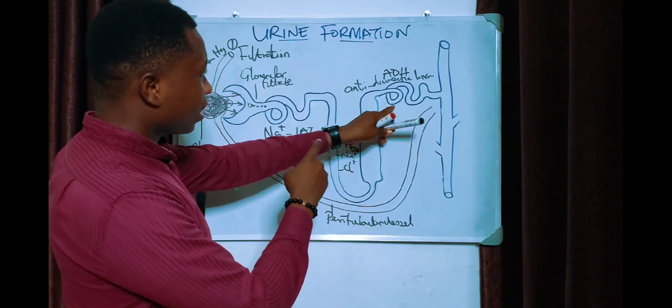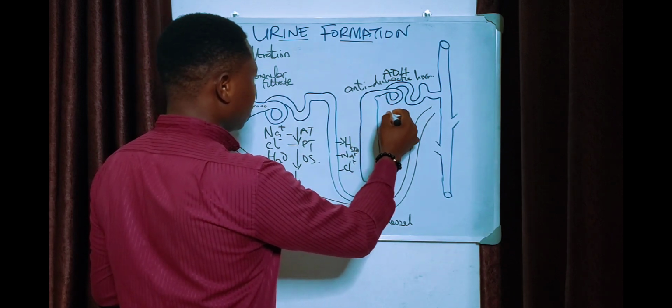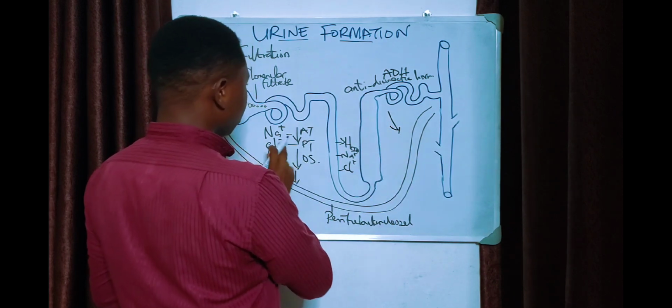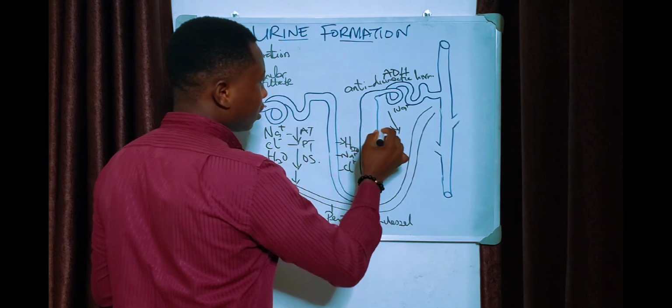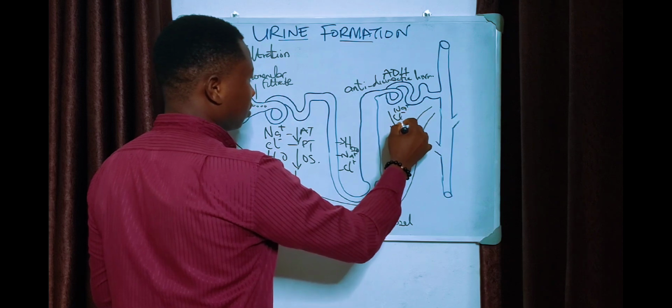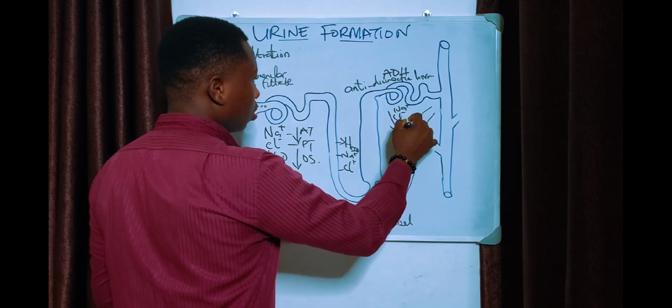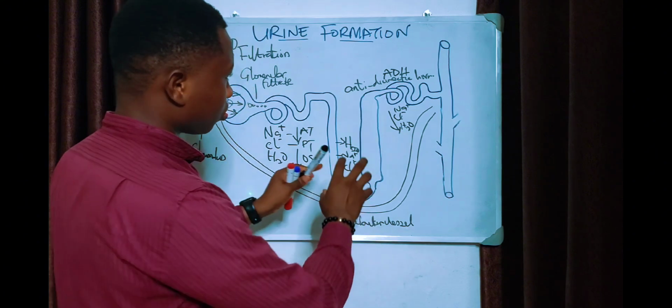Now, what is absorbed here? The same thing is absorbed into the bloodstream: sodium ion through active transport, chloride ion through active transport, and also water via osmosis. All right, so that is that.